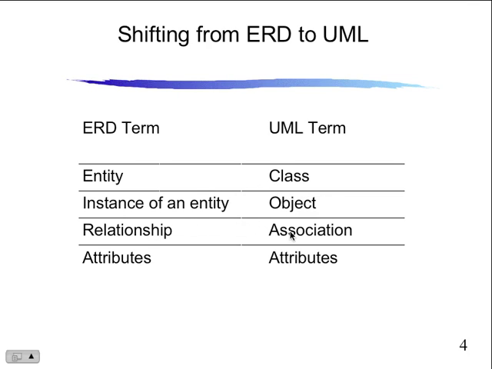We don't have relationships in UML, but we have associations. And people are sometimes confused about the differences between a relationship and an association. I always think of it as like, are you friends or acquaintances? If you're an acquaintance, you're an association. If you're a friend, you have a relationship with that person.